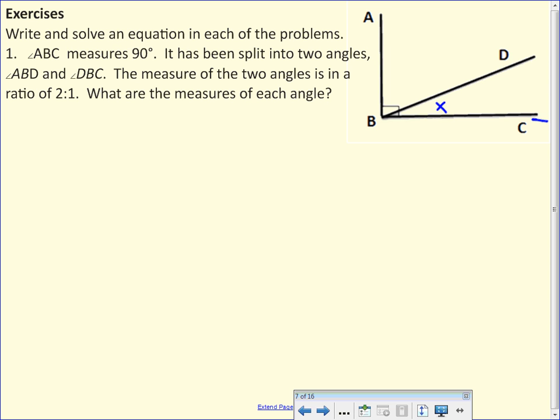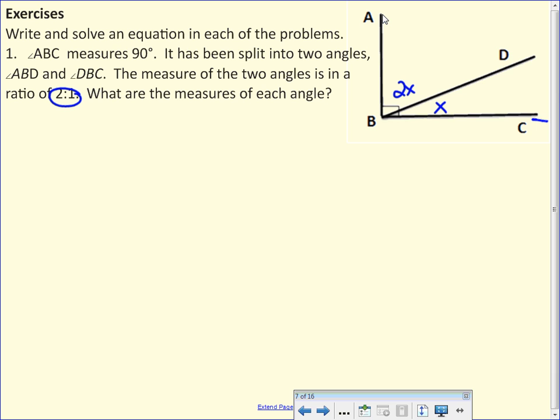Right, if this is x, that has a ratio of 2 to 1, so that's 2x. So if this is 1x, that's going to be 2x, because 2 to 1 is telling me that's twice as big as that.